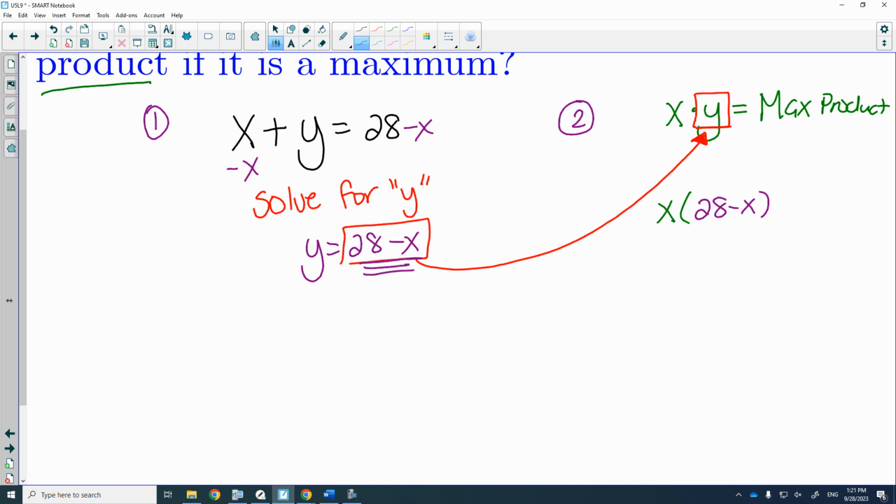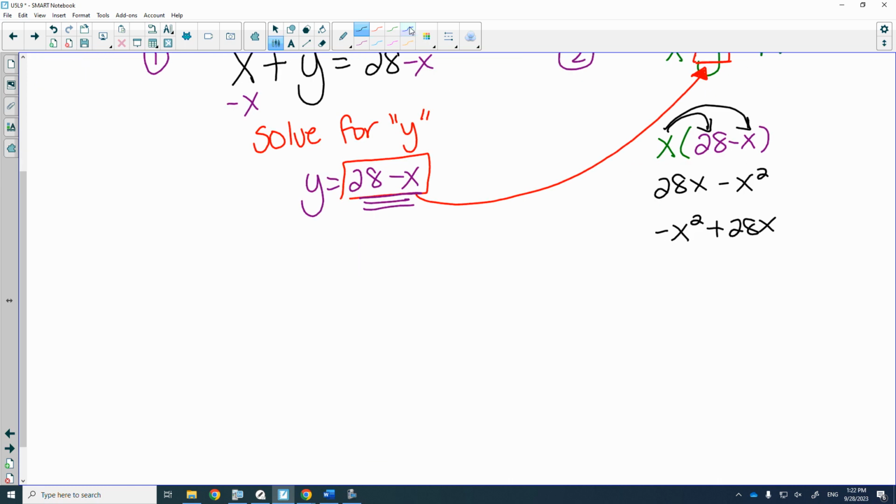Expand your quadratic, and you're going to get 28x minus x squared. Rewrite in descending order of x so that you can complete the square. So we don't have a q value, which is fine. Sophie, what do I do from here? Bring out the negative 1.